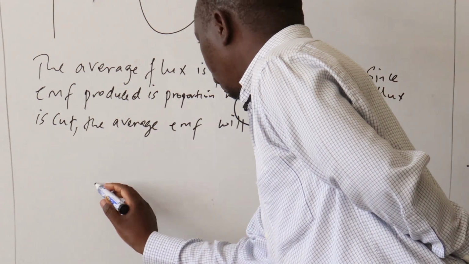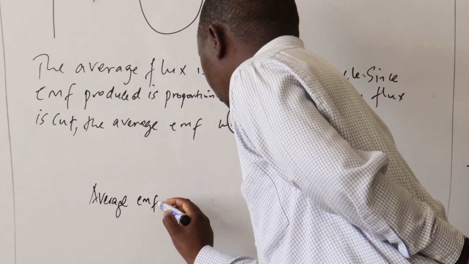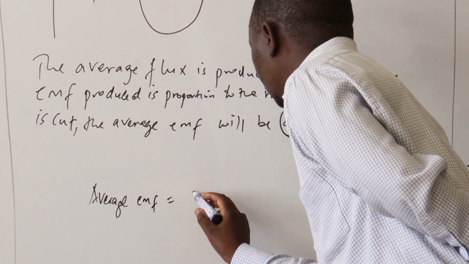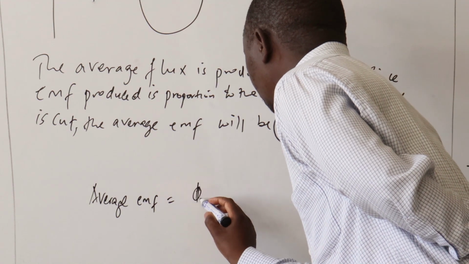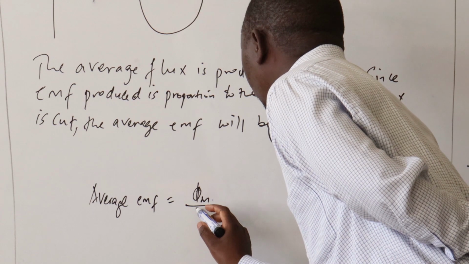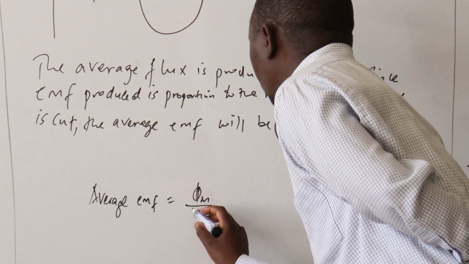So we know that the average EMF is supposed to be given by the flux over a quarter cycle.